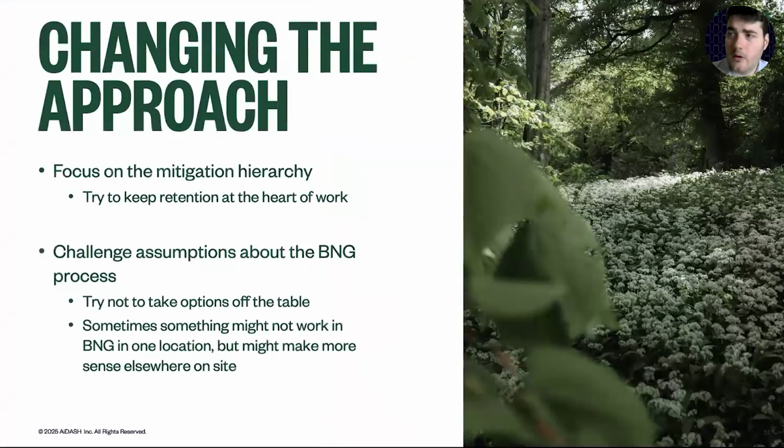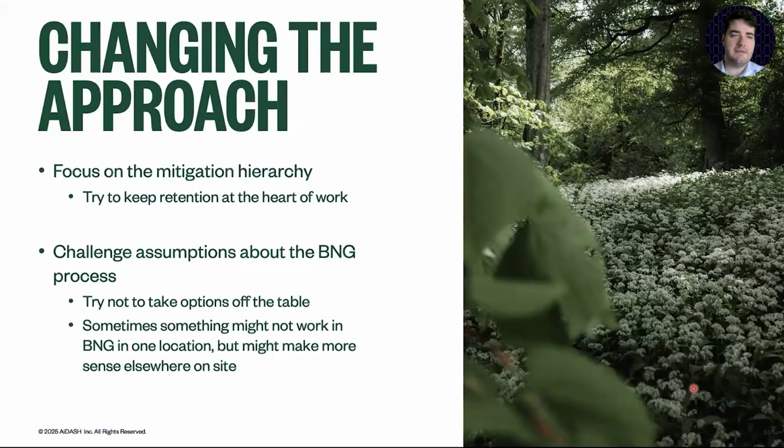But we've started to form some knee-jerk responses as an industry to what is possible with BNG. What can we do? There must be some default answers, and I think that is true. It's very useful to have those heuristics, but let's not be afraid to challenge some of those.